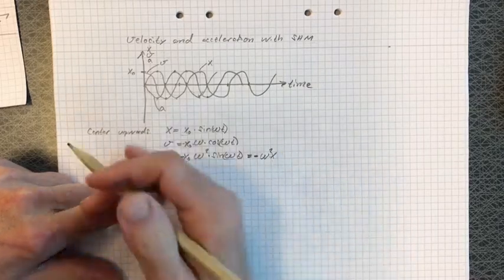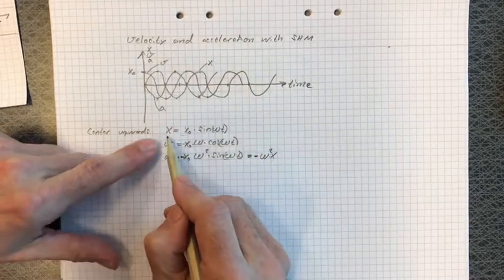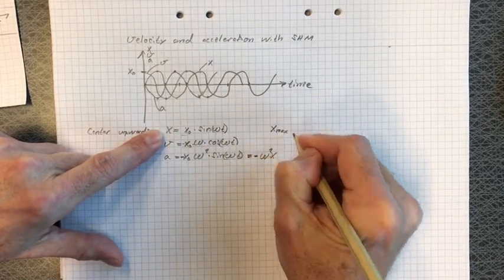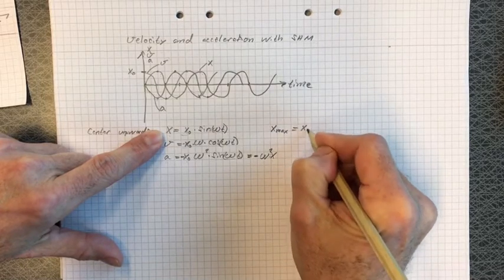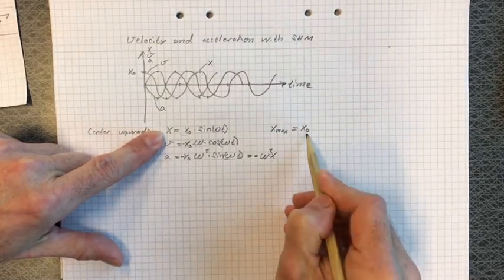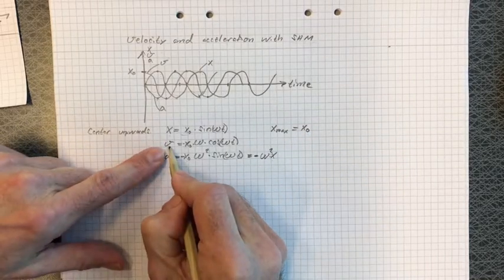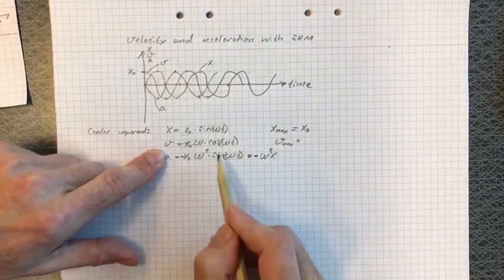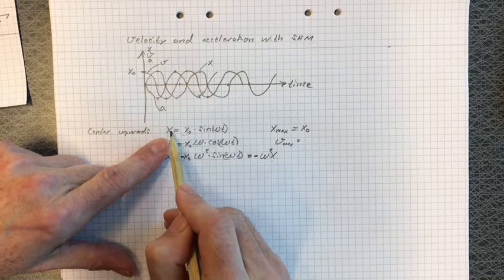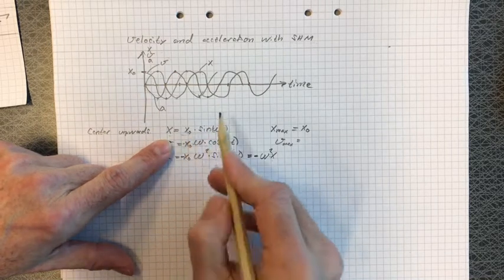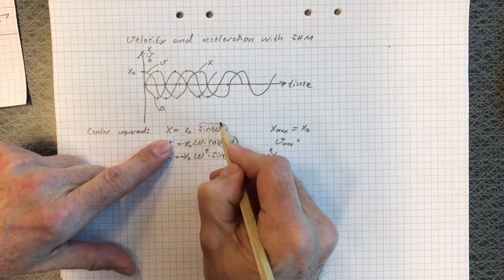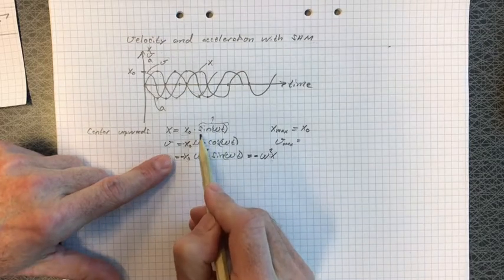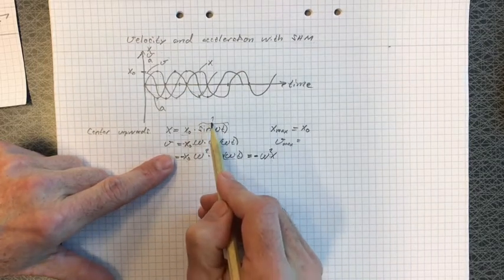Okay, now let me show you this. This is the displacement. The maximum displacement, x max, is x0, the amplitude. You know it already. What is the maximum velocity, v max? Well, you see, x max is x0, and that happens when this part is 1, because you know from maths, the trigonometry lessons, that the sine function has its maximum, and that's 1.